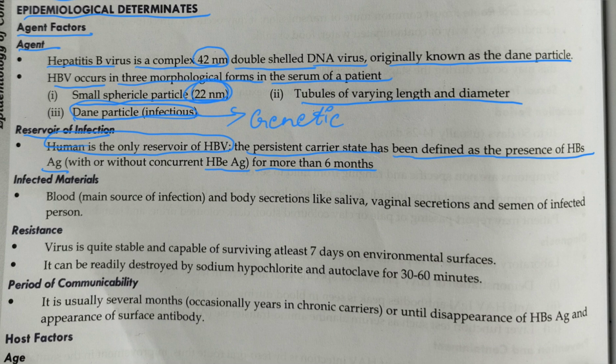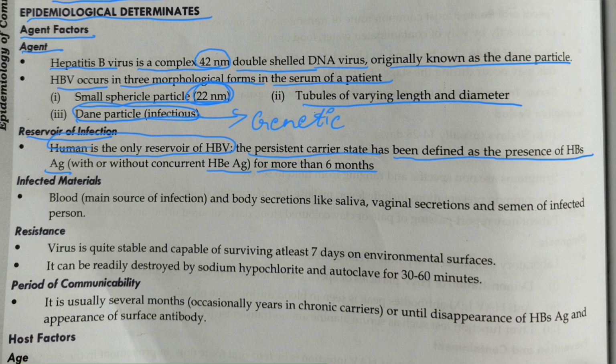Persistent carrier state means that when serum collected from a person has HBsAg with or without HBeAg for more than 6 months, they are said to be a persistent carrier.